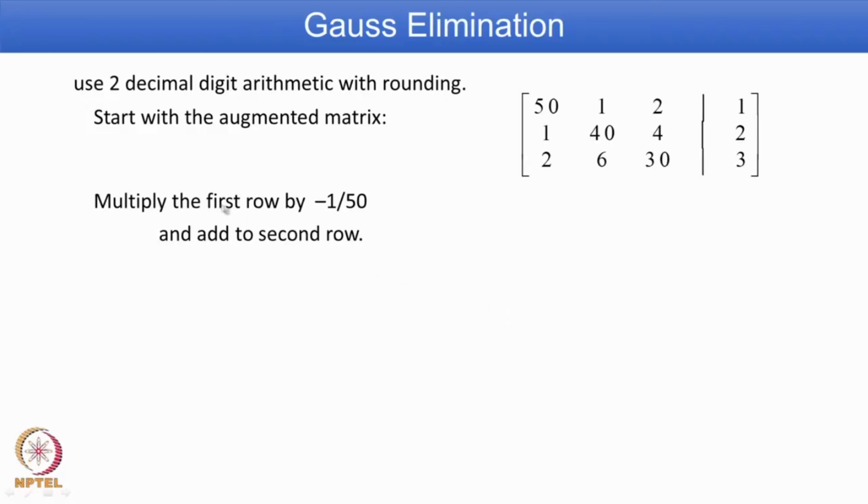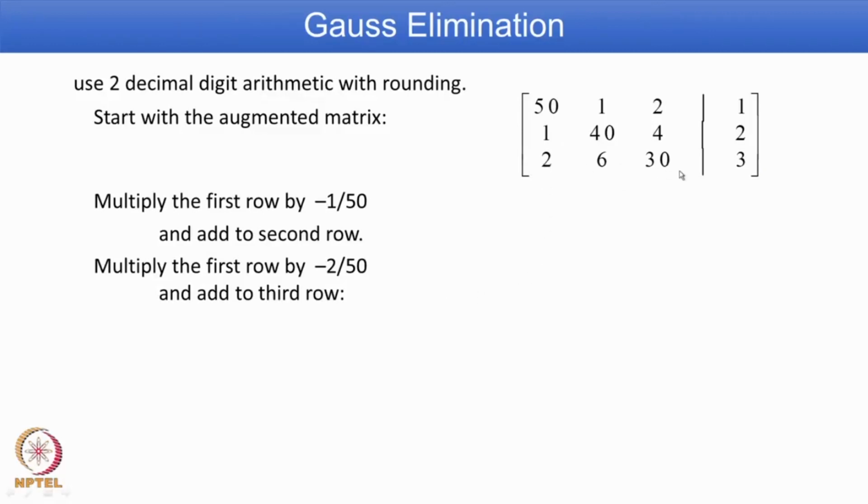First operation: multiply the first row by minus 1 by 50 and add to the second row. The second row's first element is 1, and the first row's first element is 50. We want to make the second row's first element 0. So we multiply the first row by minus 1 by 50 and add to the second row, and that will result in 0 for the first element in the second row.